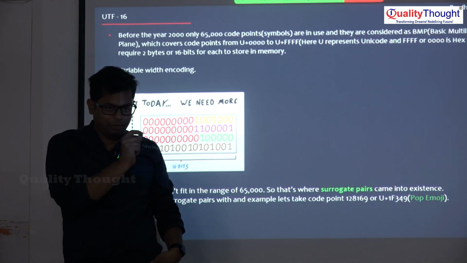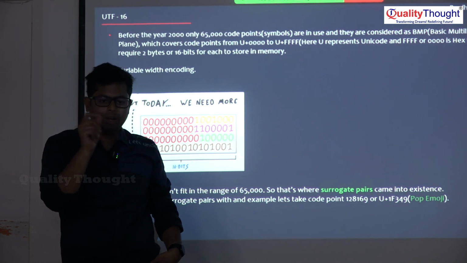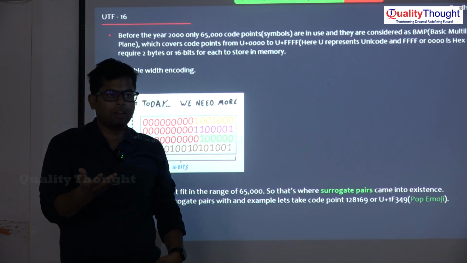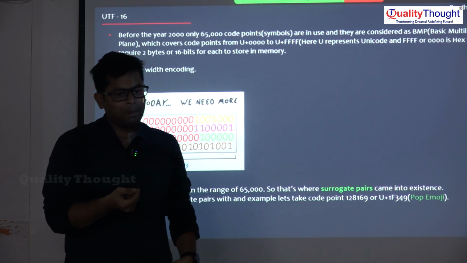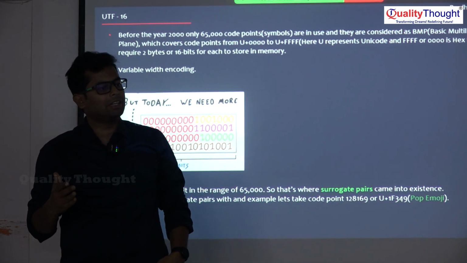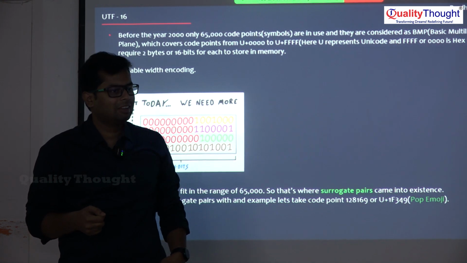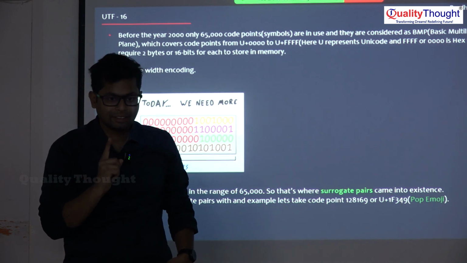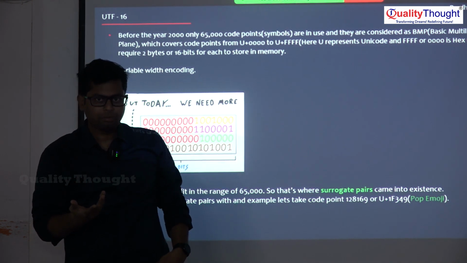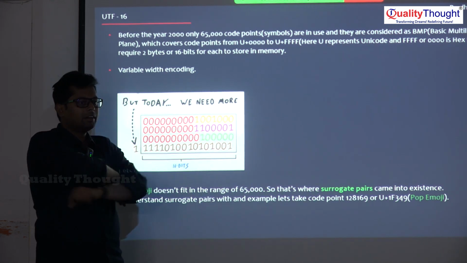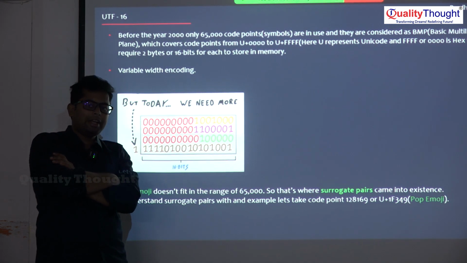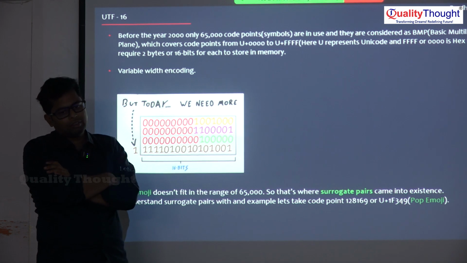But still you give 1 bit extra, because anything you represent in a computer is a byte, and a byte is 8 bits. So the first 127 characters don't require 2 bytes, they require exactly 1 byte. Am I right or wrong? But still you are giving 16 divided by 8, 2 bytes.